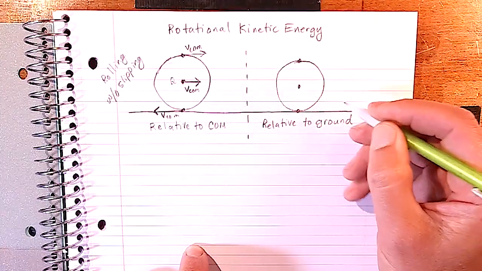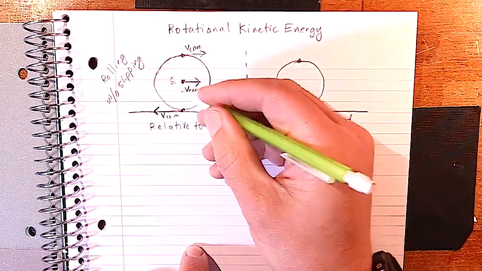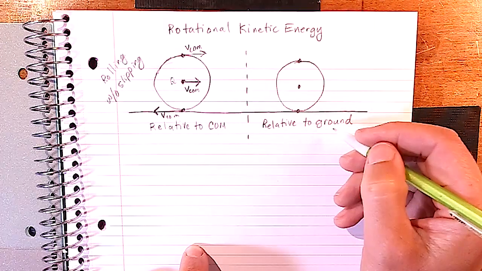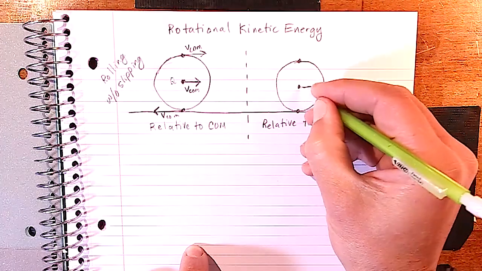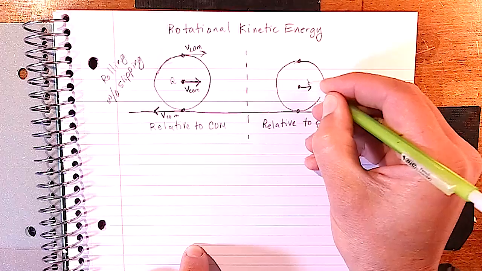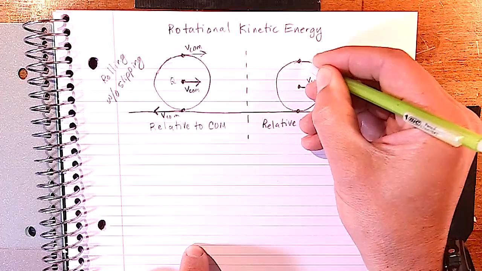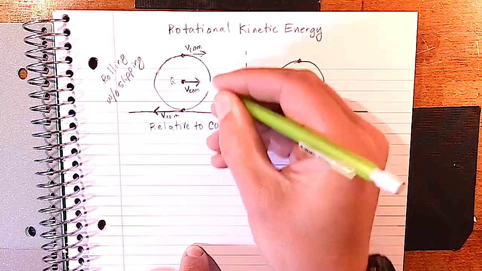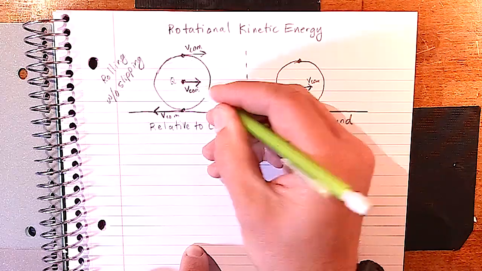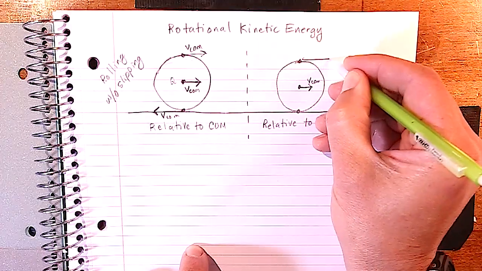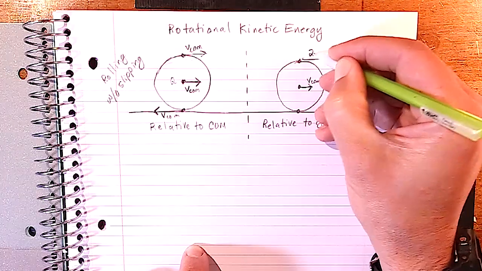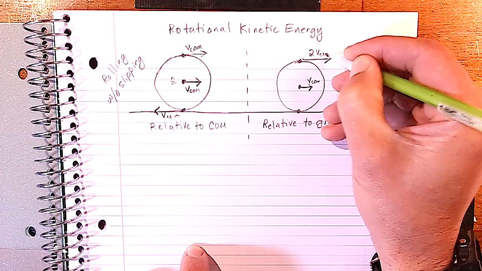But what if we chose that instead of relative to the center of mass, we chose relative to the ground? Well, relative to the ground, this would be v-com. So this point that we know over here is v-com is also going at v-com. So that means this point at the top relative to the ground would be going at 2 v-com.